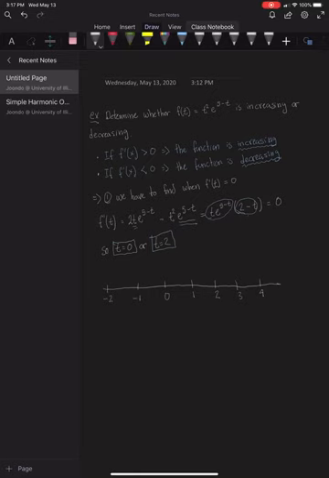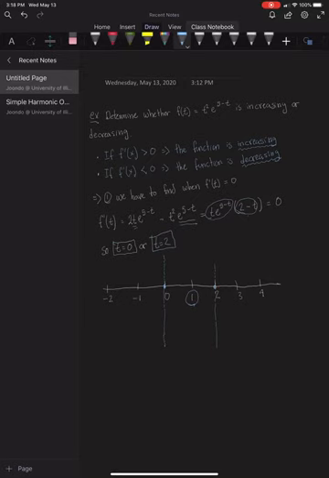We have 0 and 2, and a number between 0 and 2 is 1. So we can test with this number whether it's increasing or decreasing between 0 and 2.